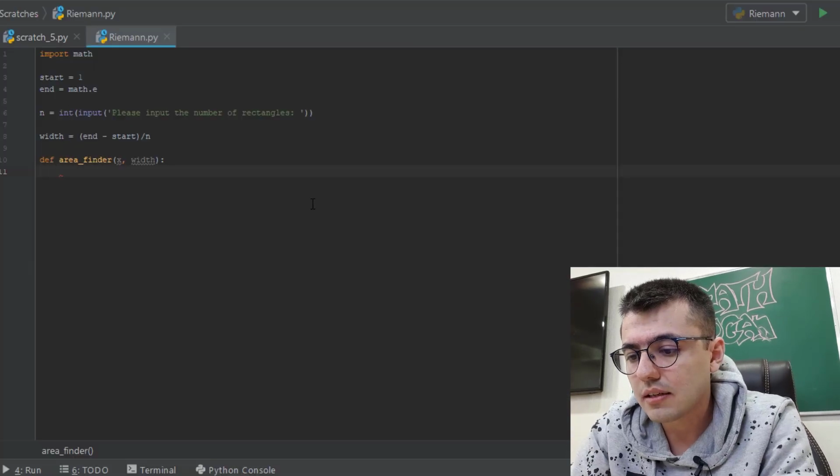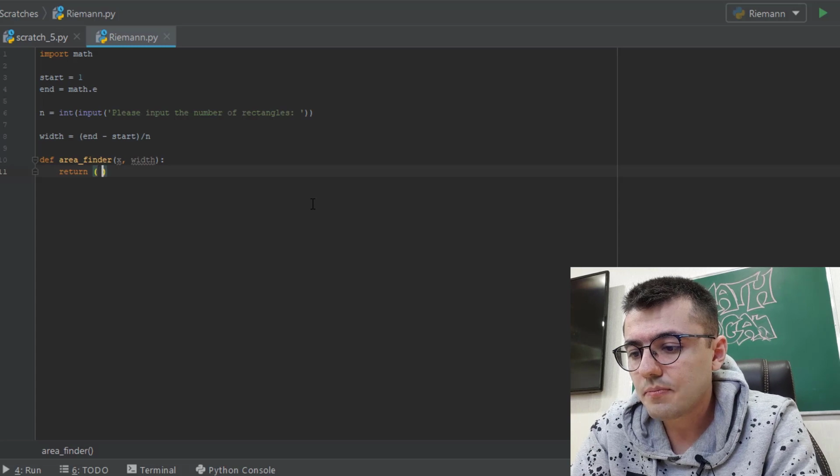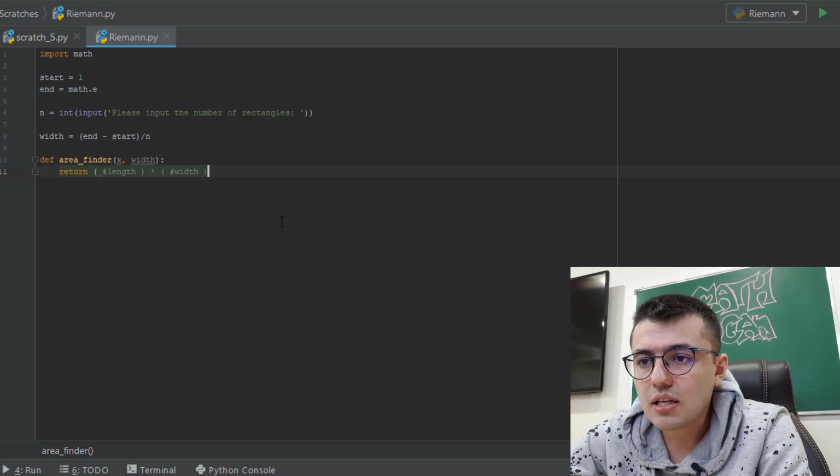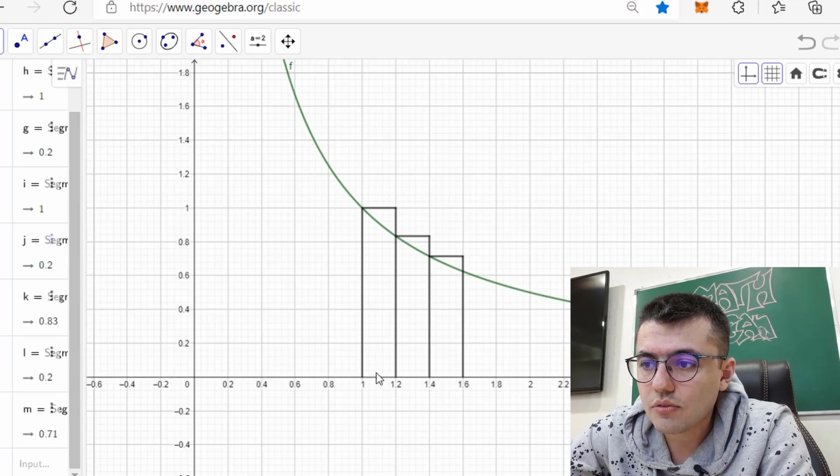So I'm going to tell it to return length times width. Great. So let's find out what the length, what the height of the rectangle is.